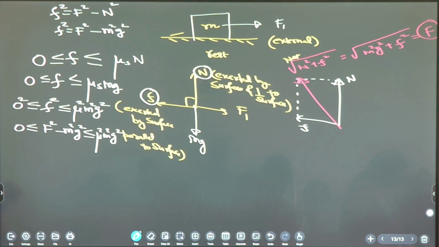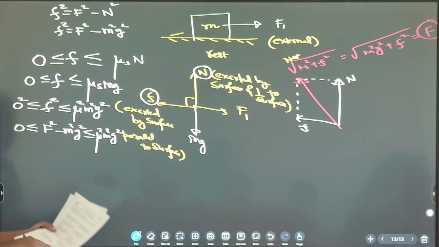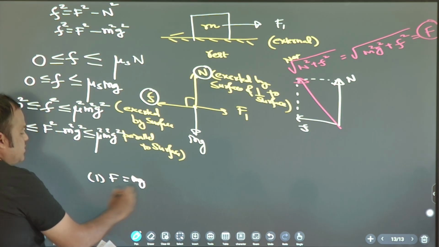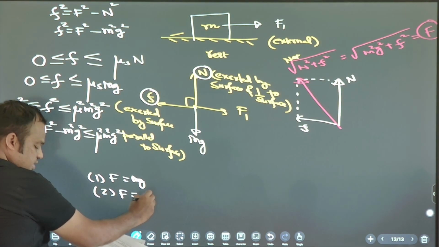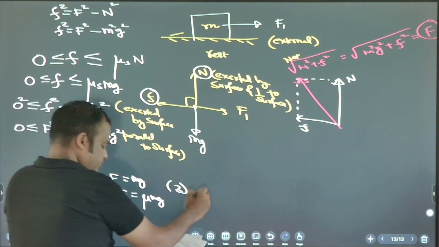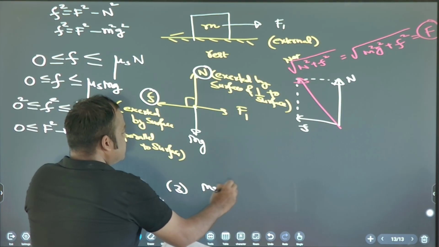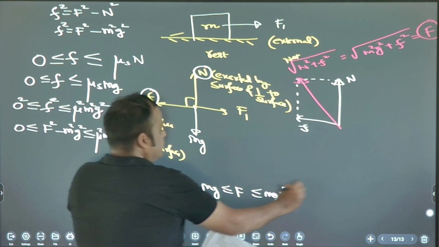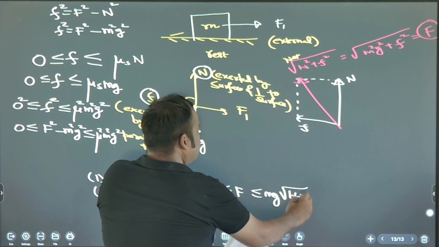Now look at the options. First option is F is equal to mg. Second option, F is equal to mu mg. And third option, F is greater than mg, less than equal to mg into 1 plus mu square.